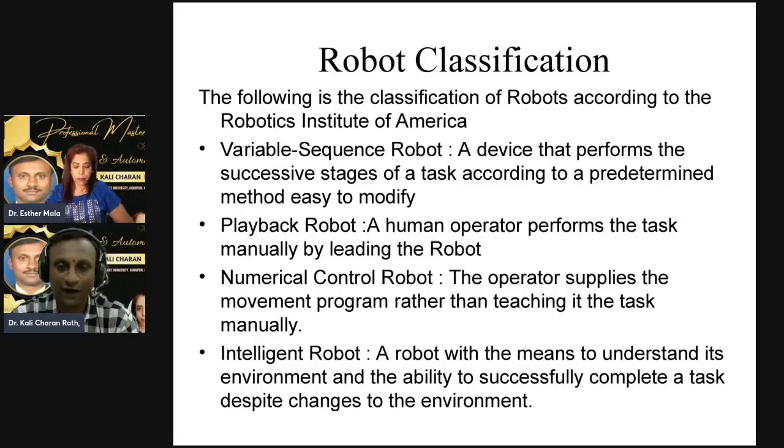So it is defined as a reprogrammable multifunctional manipulator designed to move material, parts, tools, or specialized devices through variable programmed motion, which is fed to the robot for a variety of different kinds of tasks.